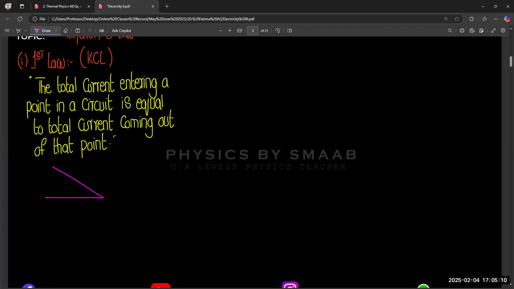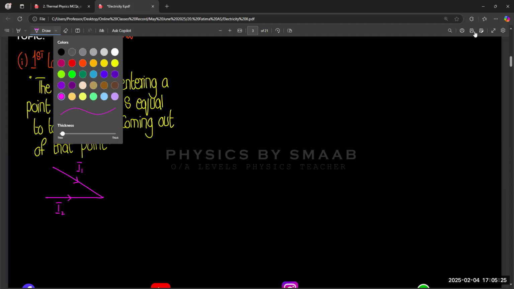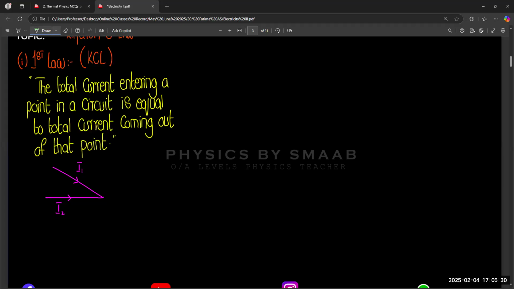These are the values of electric current moving towards a specific point. Let's suppose this is I1, this is I2. And now the values of electric current moving outward, let's suppose one will move in this direction, I5, or let's suppose someone.